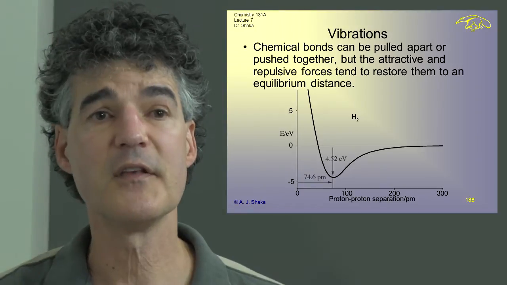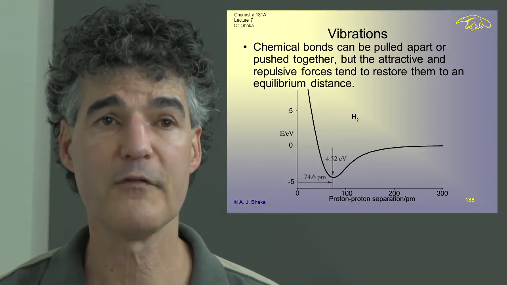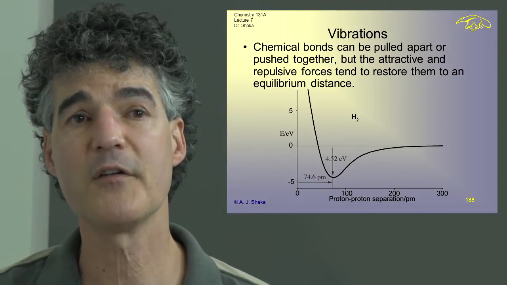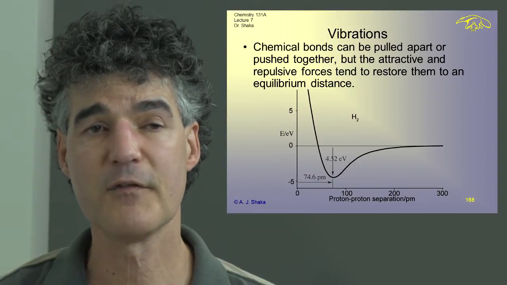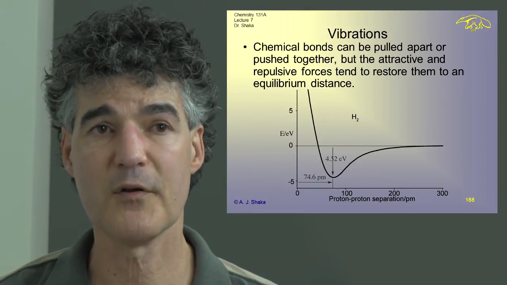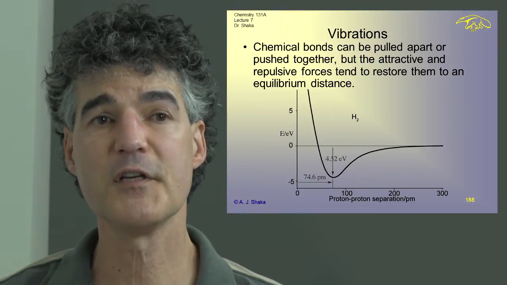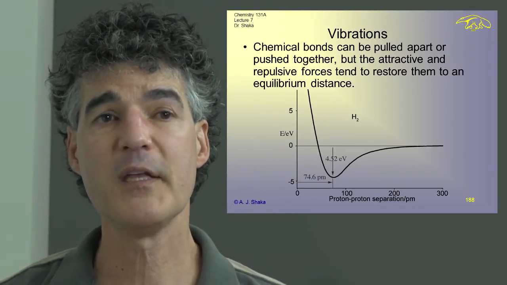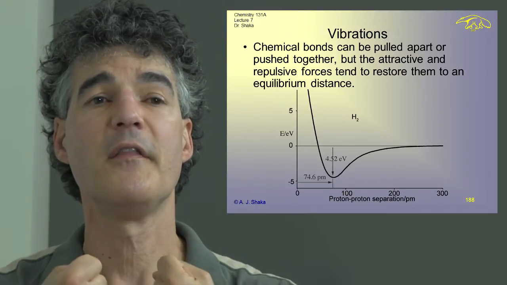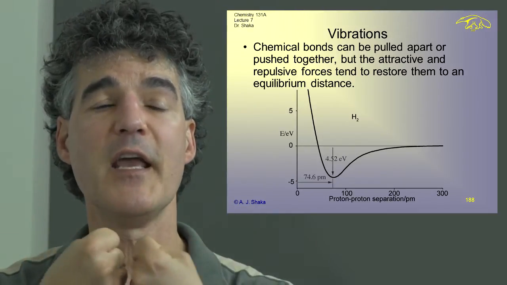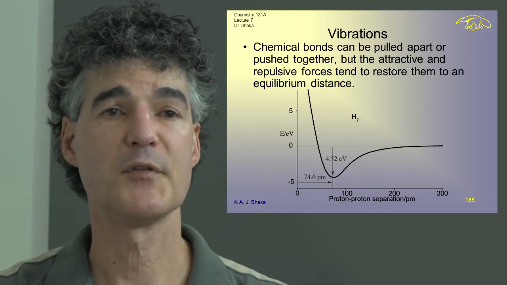And that's shown then in this so-called potential energy curve, which is just the electronic energy plotted as a function of the frozen distance of the two protons. When they're too close, you see that the electronic energy is above zero. That means that when they're that close, they're more unstable than just two hydrogen atoms apart.